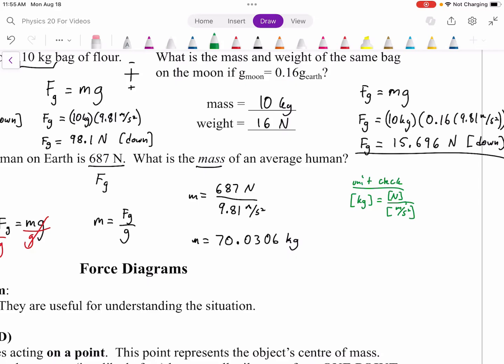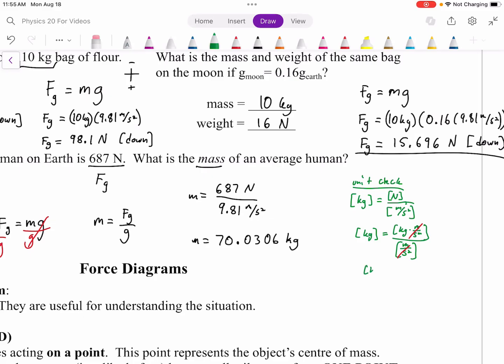Well, remember, a newton in base units, since F equals ma, is really a kilogram meter per second squared. We're dividing that by meters per second squared. And hey, look at that. Kilogram meter per second squared divided by meters per second squared, the meters per second squared cancel.